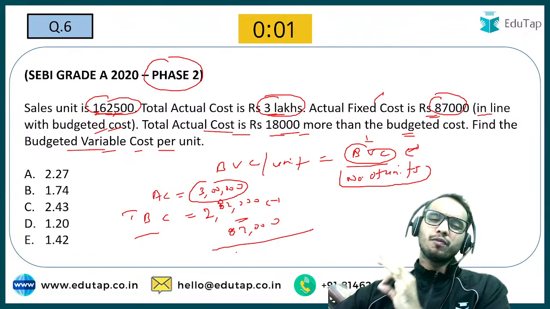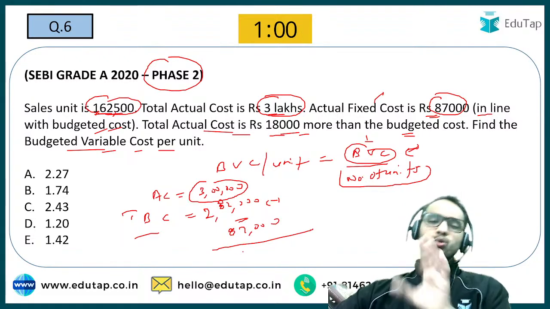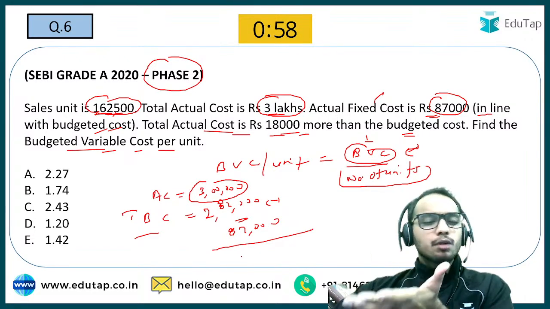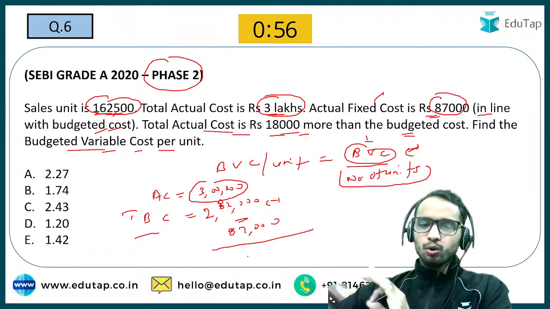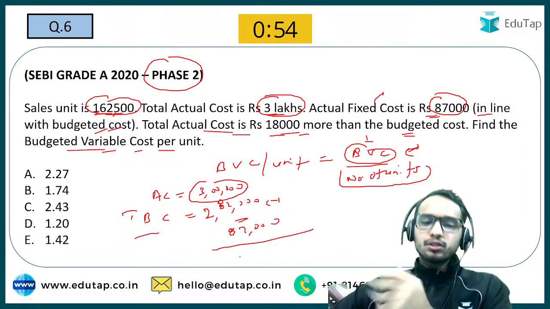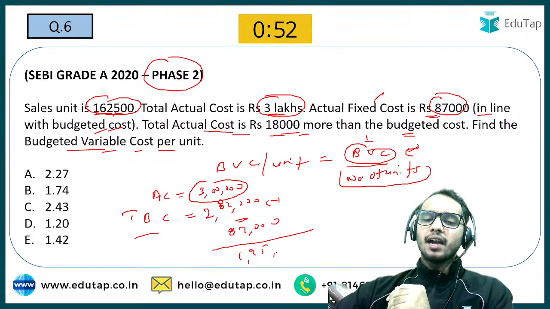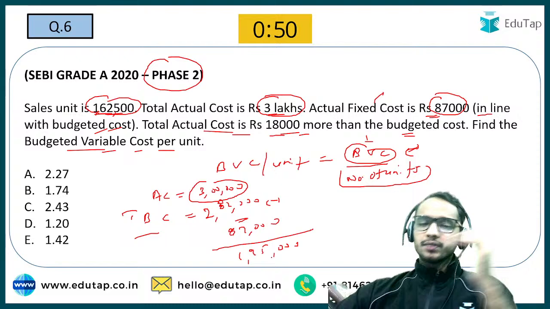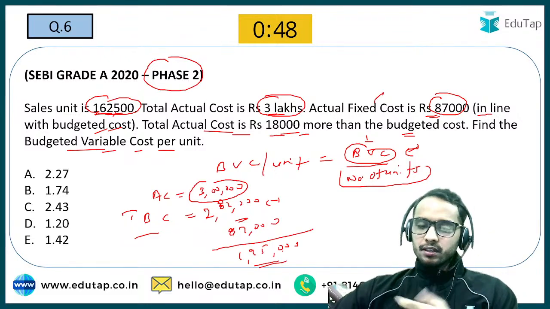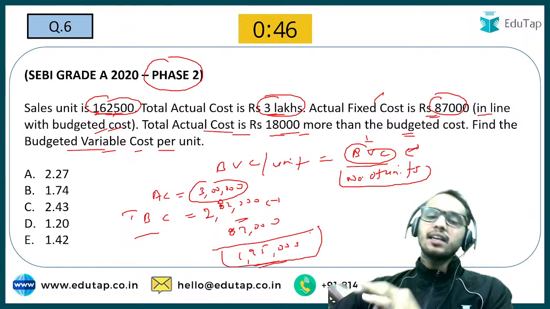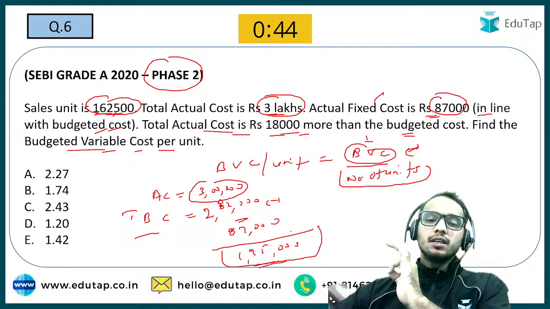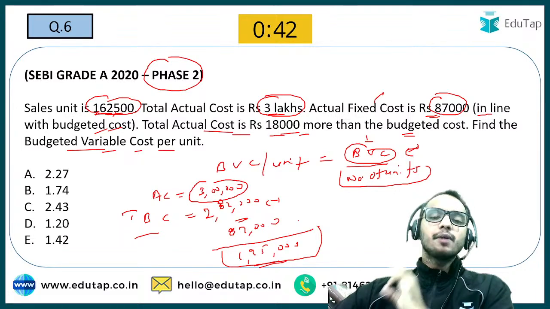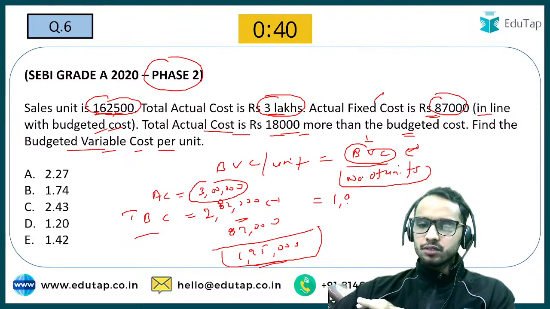So what is going to be the amount? So 2,82,000, when you deduct 82,000, then you will have 2 lakh. When you deduct 5,000 more, then you will have 1,95,000. Okay? You can do it mentally as well. That's why I'm telling you how to do that. So 1,95,000 is your budgeted variable cost. So budgeted variable cost is 1,95,000.